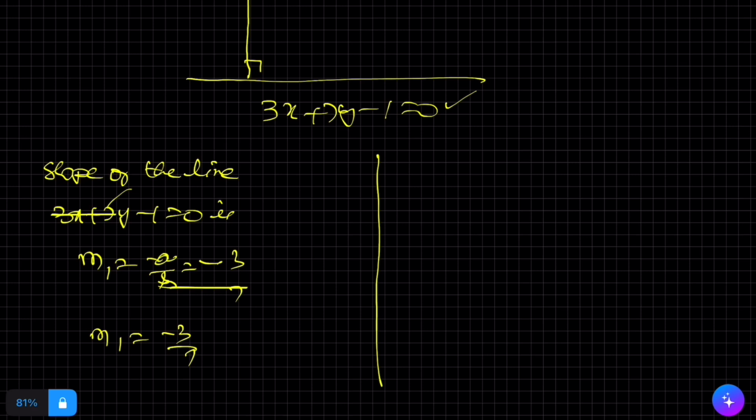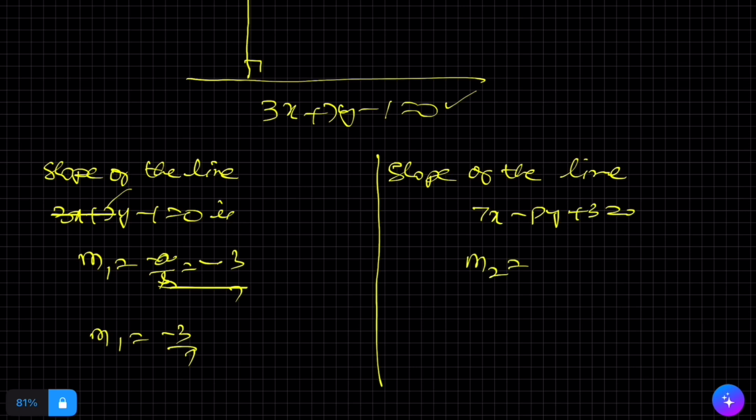Let me take the second equation. So let us find the slope of the second line, 7x minus py plus 3 equal to 0. So let us take m2 equal to the same formula, minus a by b, equal to minus the value of a is 7 and the value of b is minus p. Minus will get cancelled. m2 equal to 7 by p.